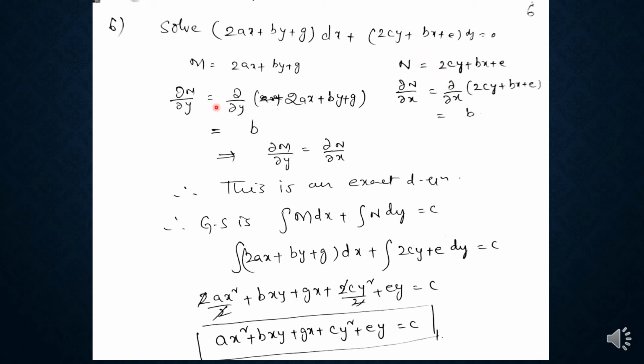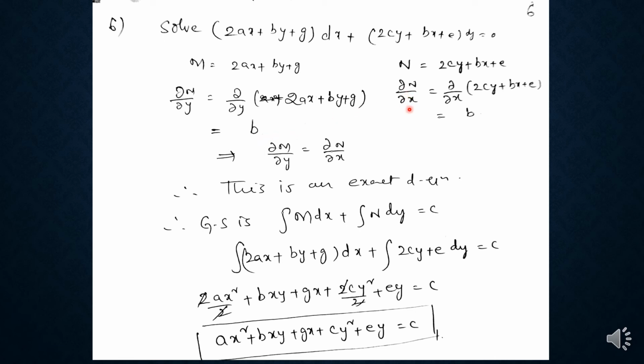Now find dou M by dou y, the partial derivative of M with respect to y. That is dou by dou y of 2ax. Here x is constant, 2ax is totally a constant, so that becomes 0. And dou by dou y of by is b into 1, b, plus dou by dou y of g is 0, so that is equal to b.